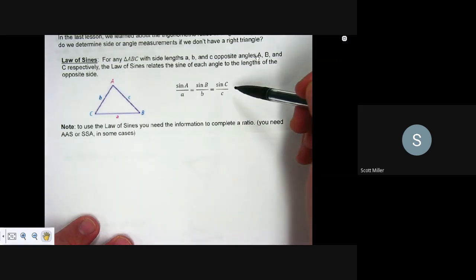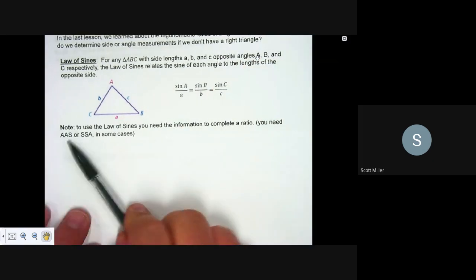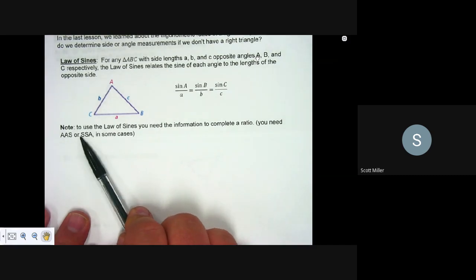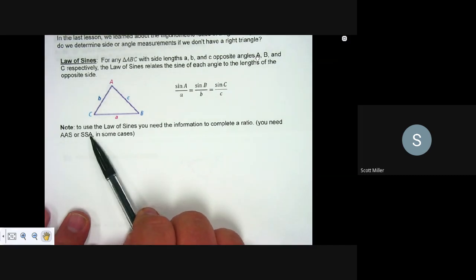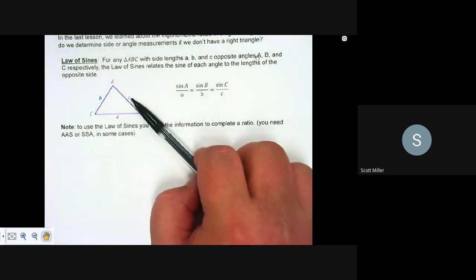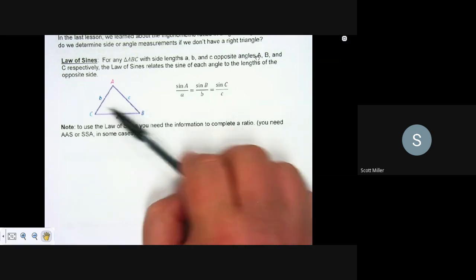Okay, so I need three pieces of information, and usually it falls into this format from your geometry days. I need basically two angles and a side, or side-side-angle. So if I have a side and this angle, you'll see that I created that opposite side ratio, a completed ratio.